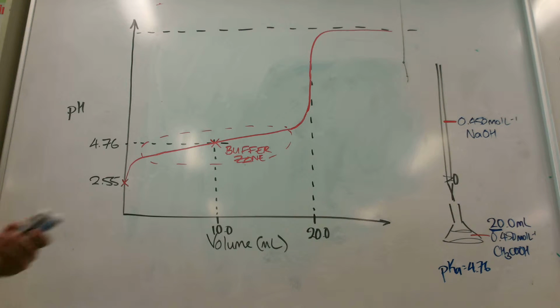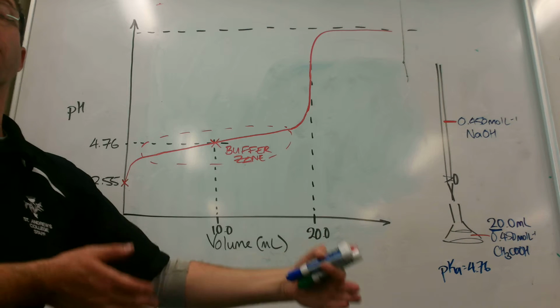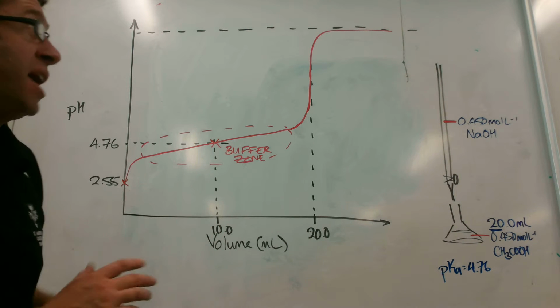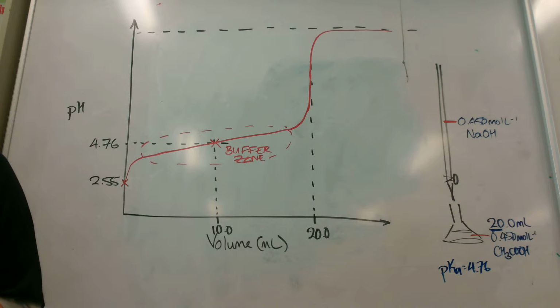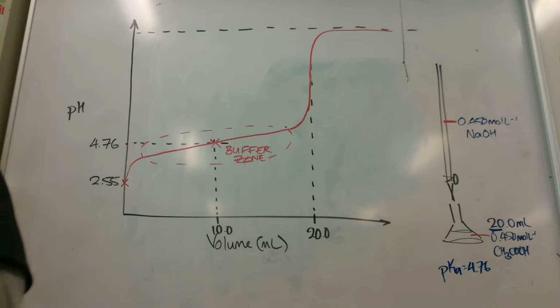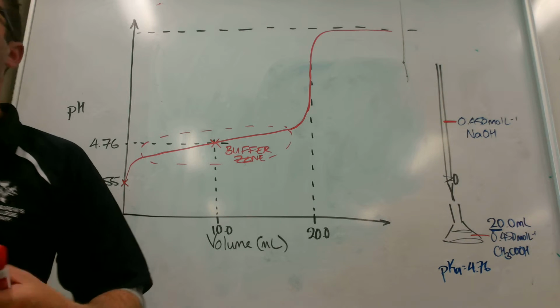That strong base has got 1 hydroxide ion per mole of sodium hydroxide. So it's got 1 mole of sodium hydroxide for every 1 mole of hydroxide. It's got 0.450 moles per litre of sodium hydroxide, so it's got the same concentration of OH-.